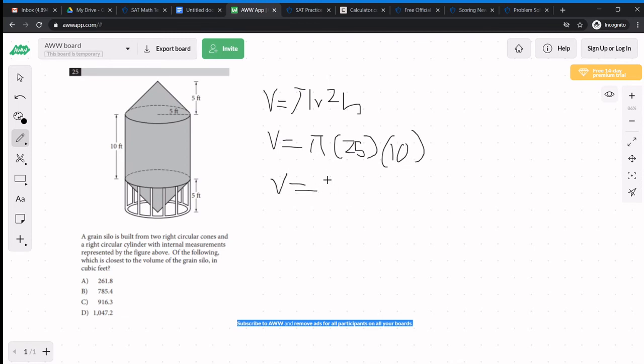Volume is going to be 250 pi. Now we have to get the volume of these two cones and add it to the actual cylinder to get the total volume of the entire thing.